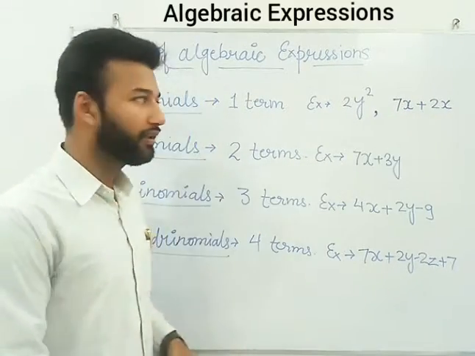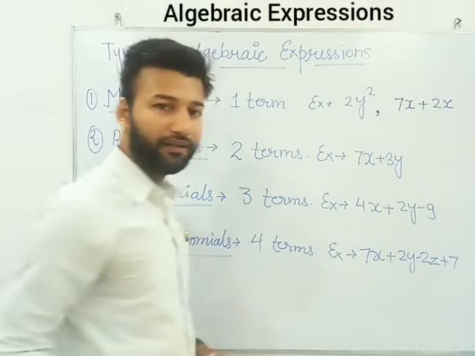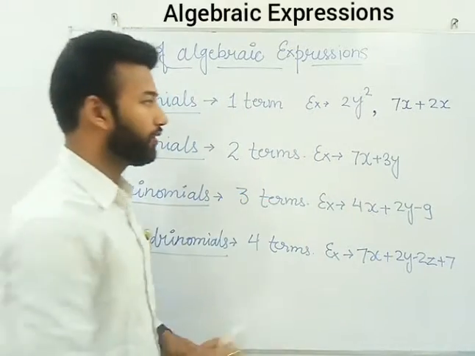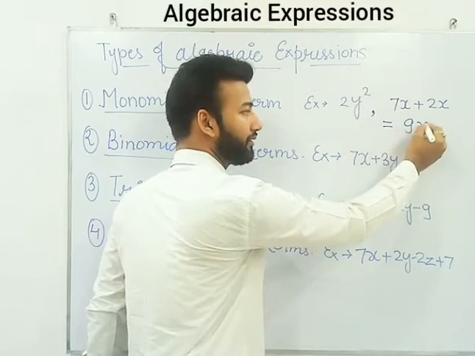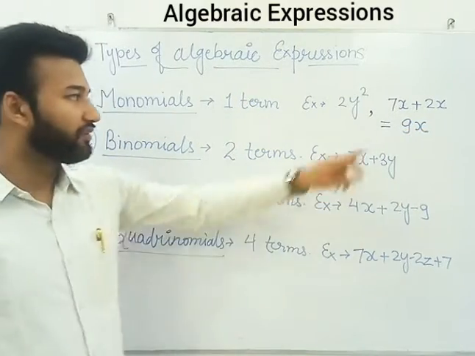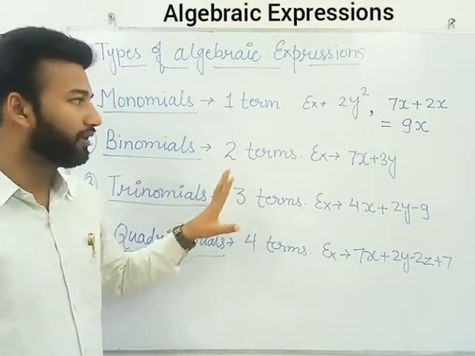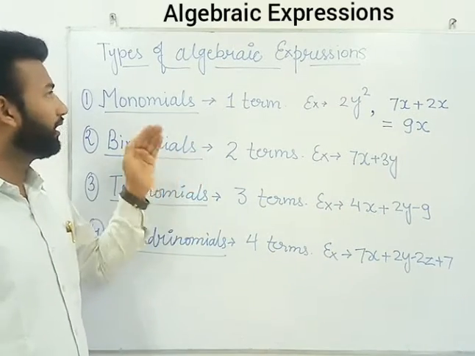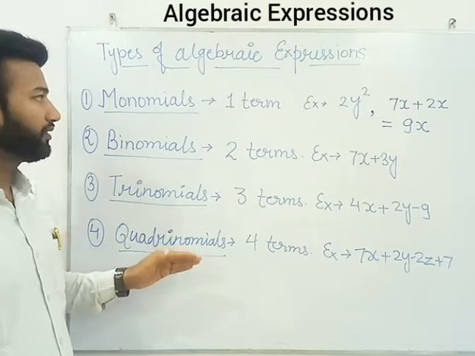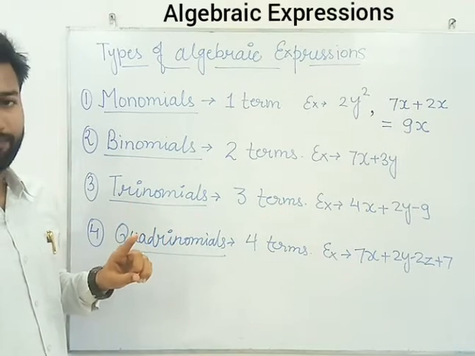So how many terms? It looks like two terms, but it is a monomial. Why? Because on solving, 7 and 2 make 9x. So remember, a monomial is an algebraic expression having one like term.